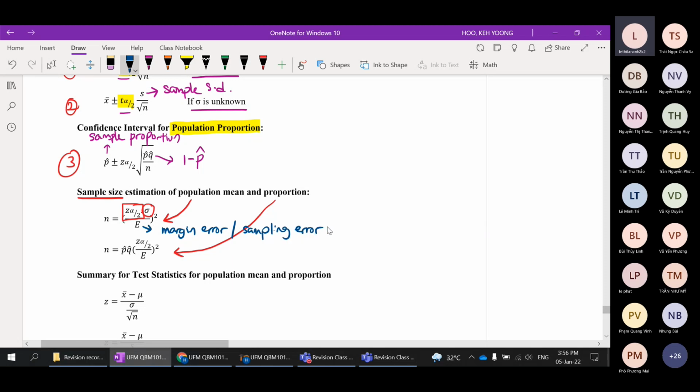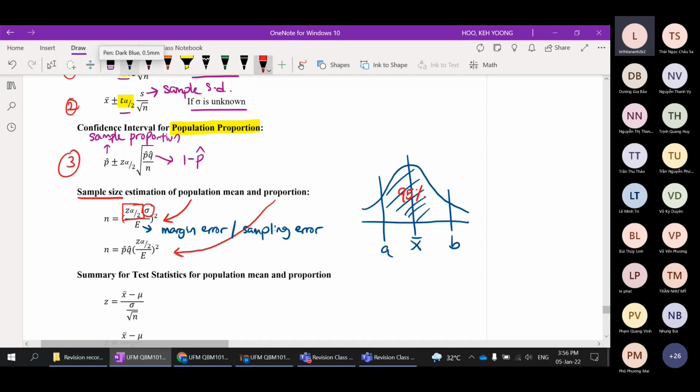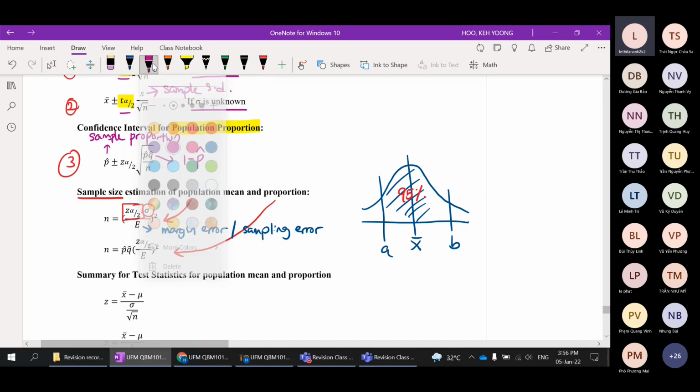What is this E actually about? Let's look at the graph again. So just now we say the center is always the mean, right? We want to find the A and B value. And then we have, let's say this is 95%. What is the E here? E is actually this part.